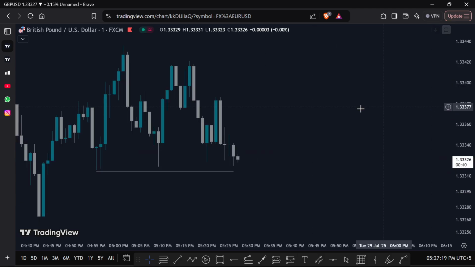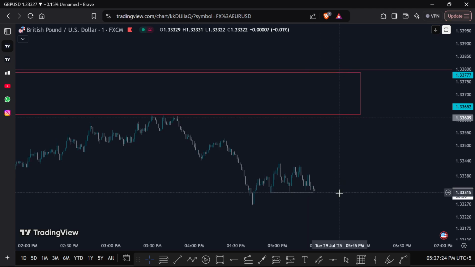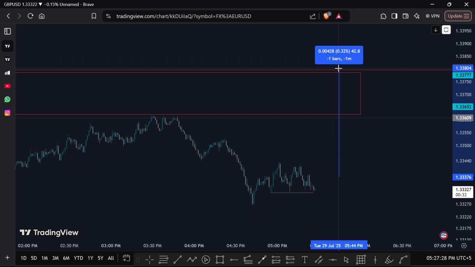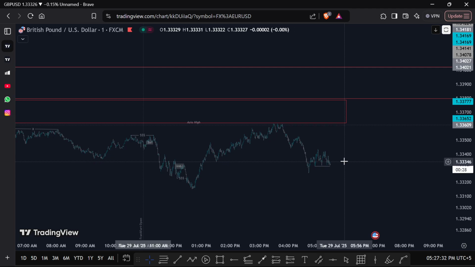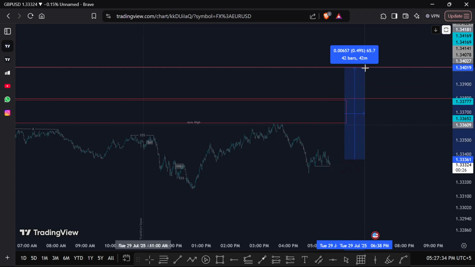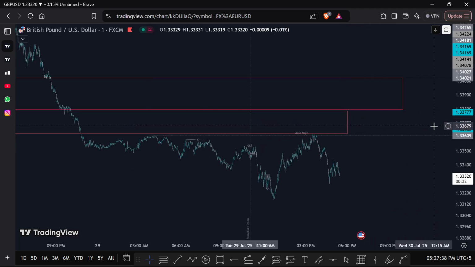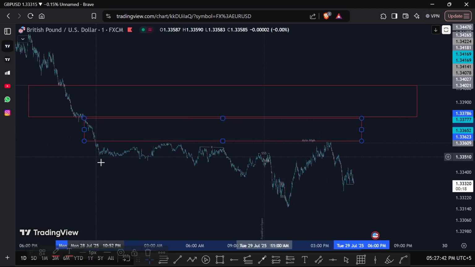If we get an entry after the sweep of these equal highs, maybe an entry from here, then we can have really big targets. 50 pips is nothing, we can easily get 50 pips. Maybe we can get 65 to 70 pips, I think that can also be targeted.